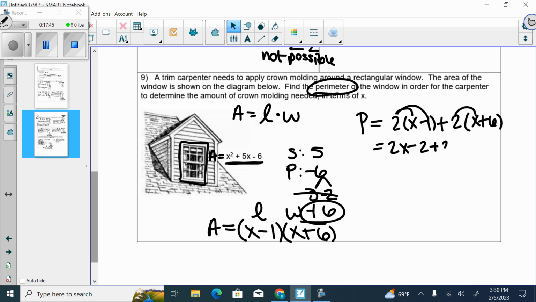Good. So plus 2x. And 2 times 6. Nice. Okay. Do we have any like terms? Which ones? The 2x. Okay, so what's 2x and 2x? Good. Anything else? Right. What is negative 2 plus 12?